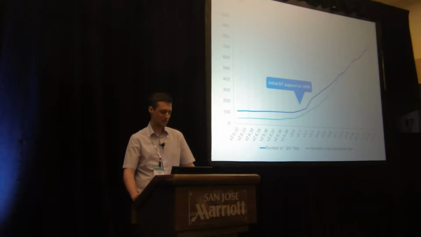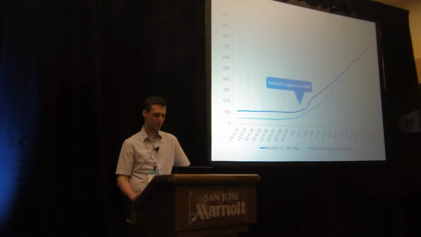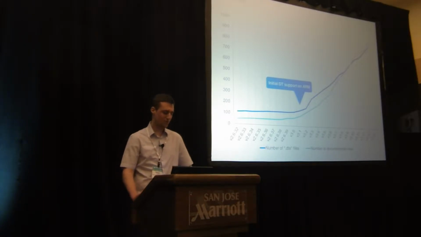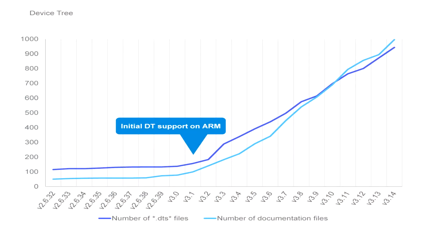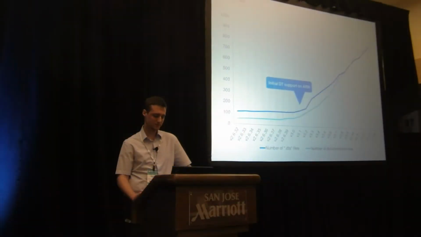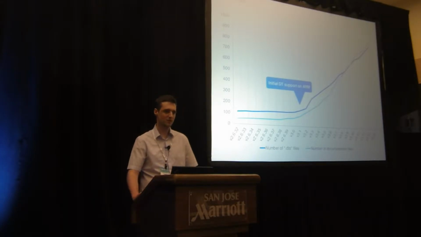As you can see, since Linux 3.1, when initial device tree support was added for the ARM architecture, the numbers of both DTS files and binding documentation files have started greatly increasing. This means many more patches being sent to respective mailing lists, many more changes happening in the kernel tree, and possibly many more errors to catch at review stages.